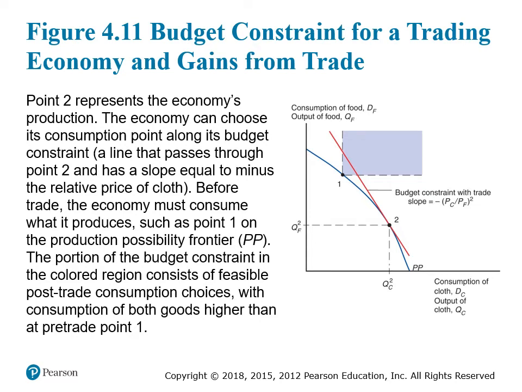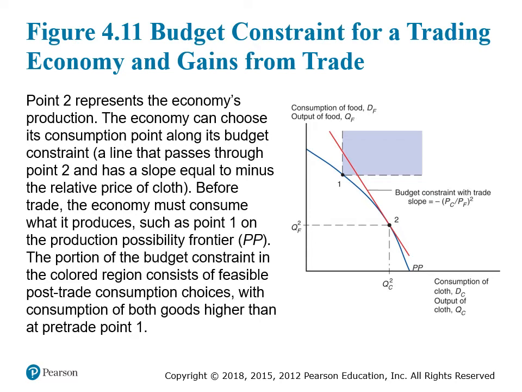That was the amount that the country could produce and consume given the amount of budget they had. But now the economy can trade its cloth for food from outside, and that will result in gains from trade.